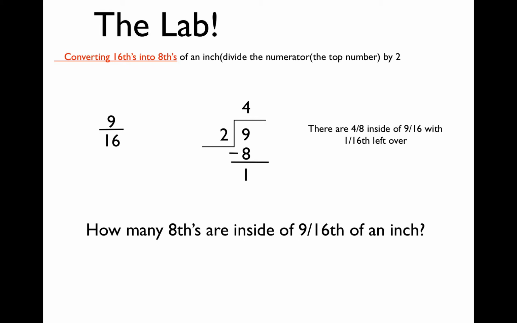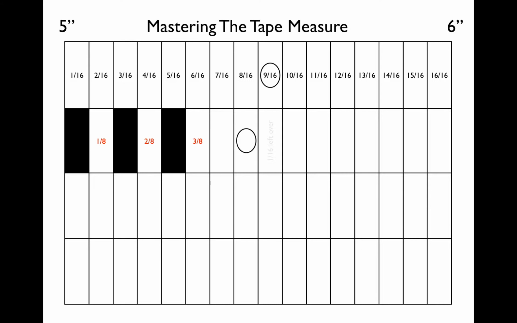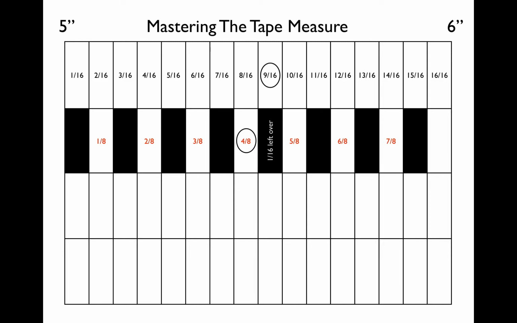Let's go back to the platform and check it out. Remember what I said. Every line between every inch is a 16th, and there's 16 of them. Every 2 consecutive 16ths is equivalent to 1/8. Every 4 consecutive 16ths is equivalent to 1/4 of an inch.